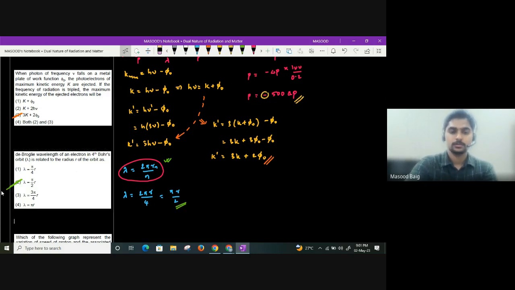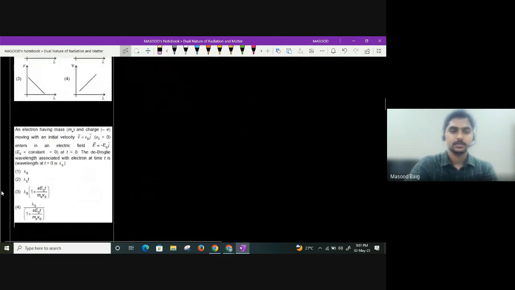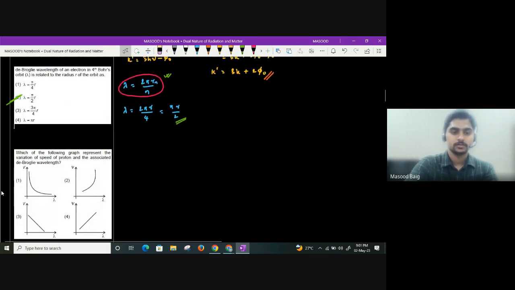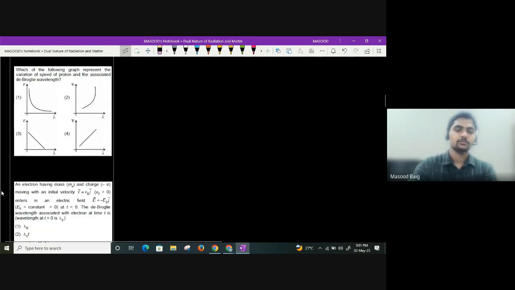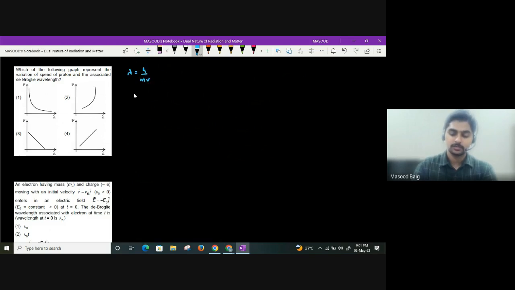Okay, so let us see. Which of the following graphs represents the variation of speed of proton and wavelength? Here speed is taken on the y-axis. So we know lambda will be given as h by mv, so v will be given as h by m lambda.